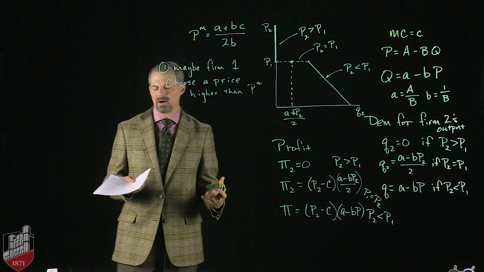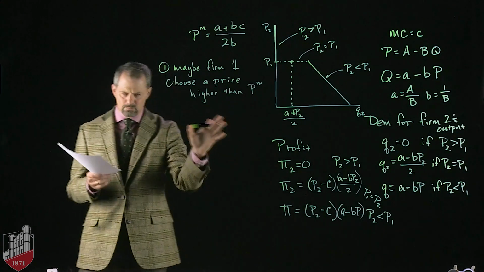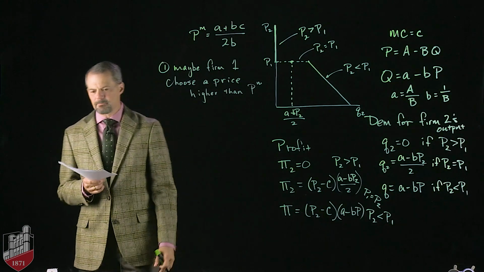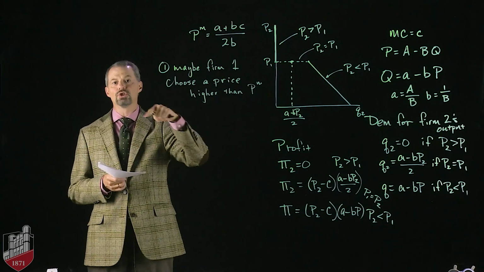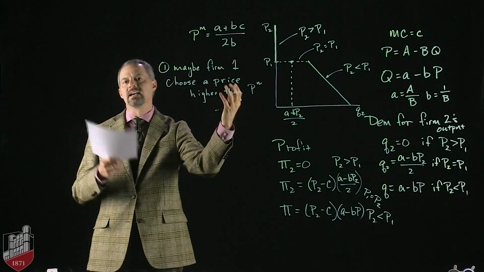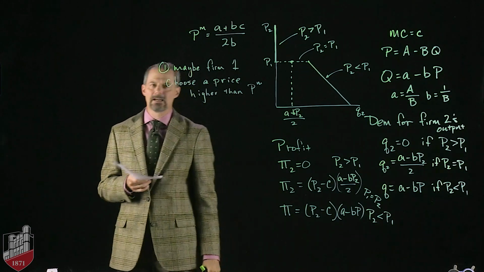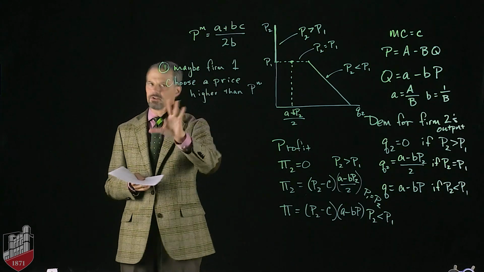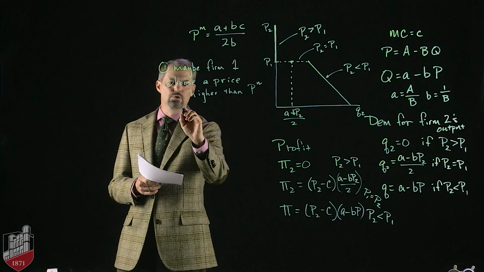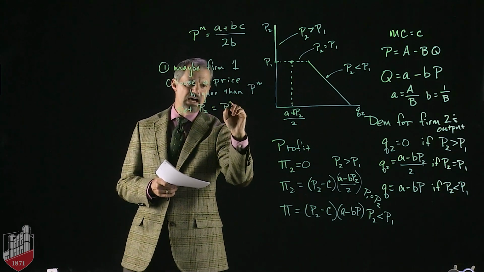Now, if you think about it, there's really no reason for firm 1 to do that, but we need to consider all of the possibilities. In that case, firm 2 should just choose the monopoly price because that would be lower than firm 1's. They would get the full market and they would have a monopoly. Okay, now we know firm 1 is not going to want to do that, but that tells us to set P2 equal to the monopoly price.